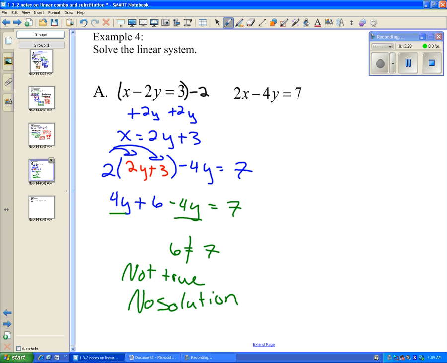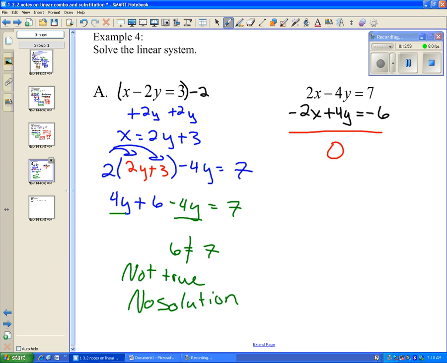So I'd have negative 2x plus 4y is equal to negative 6. I multiplied by negative 2 so that my x's would cancel. And just like I wanted to, 2x minus 2x is 0. The problem is my y's also cancel. Negative 4y plus 4y is 0 as well.